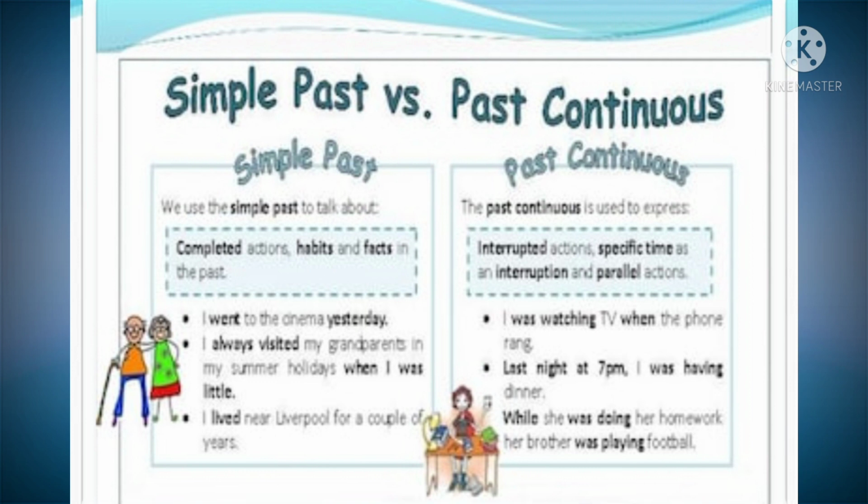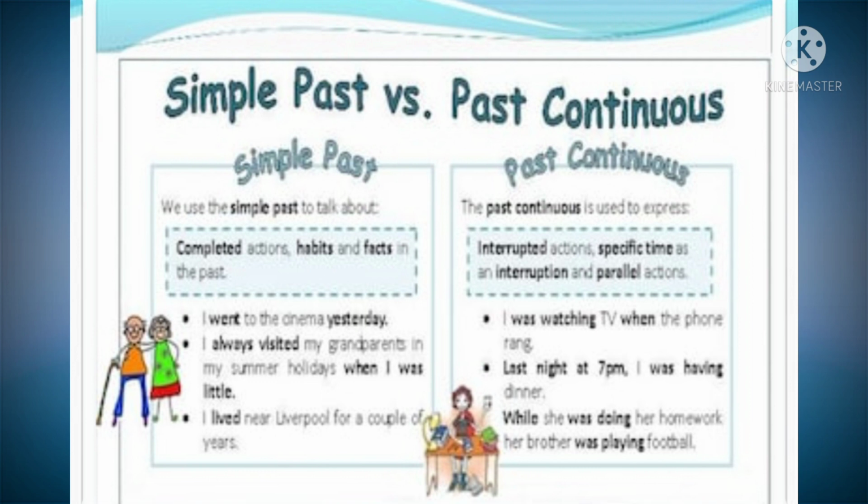If both are continuing at the same time, then we use past continuous tense in both, because when she was doing her homework, it continued for some time. Her brother was playing football all the time that she was studying, he also was playing. So the duration of the time is the same. In that case, we can use past continuous in both the clauses.